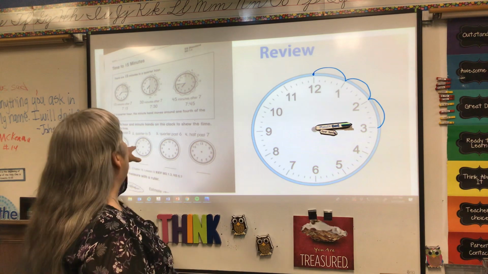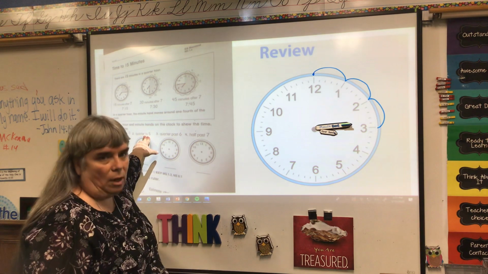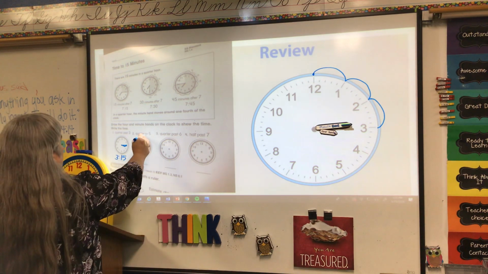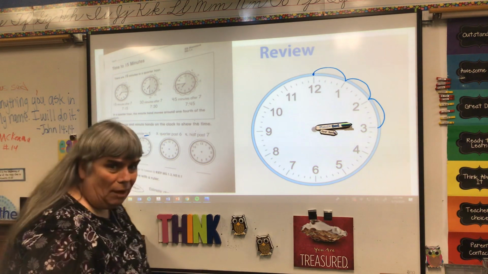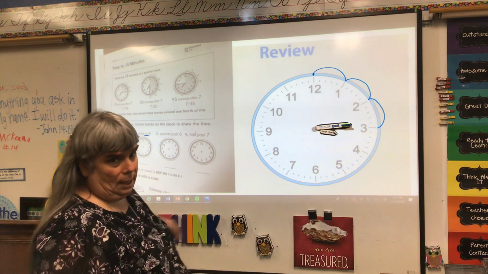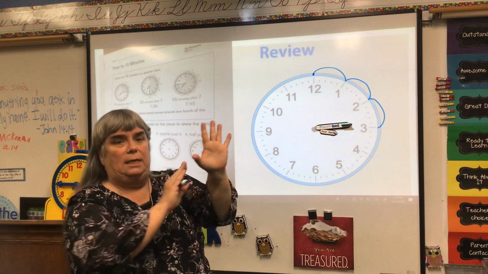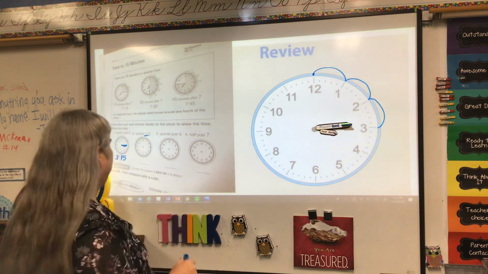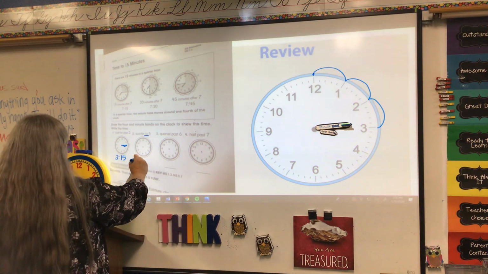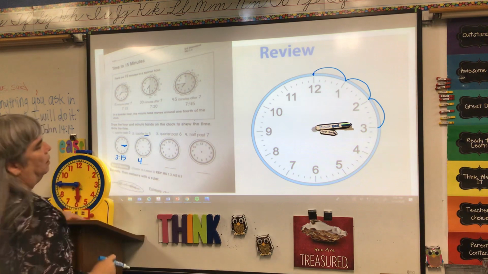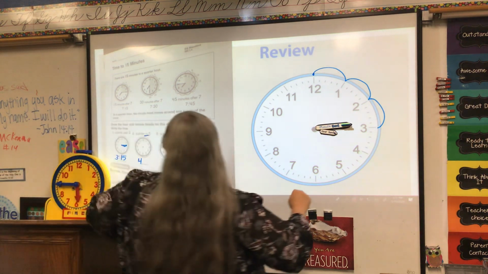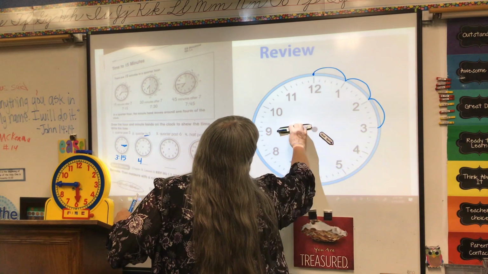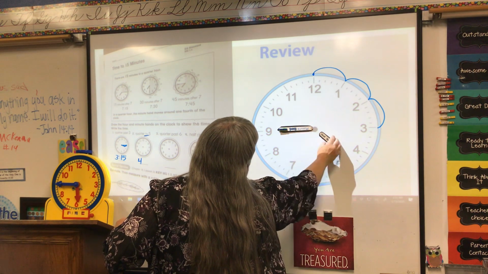Okay, then this says 4:45. So remember, when you have that word to, it means it's not 5 o'clock yet. So I have to look at what time is it, and it's before 5. So that means it's 4 o'clock. So I'm going to write that down right here. So it's in the danger zone, but it's like that right now.